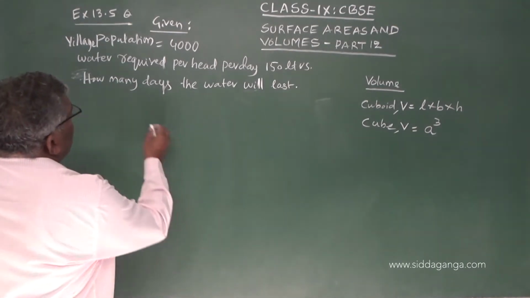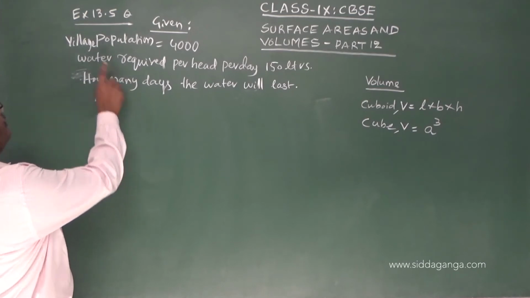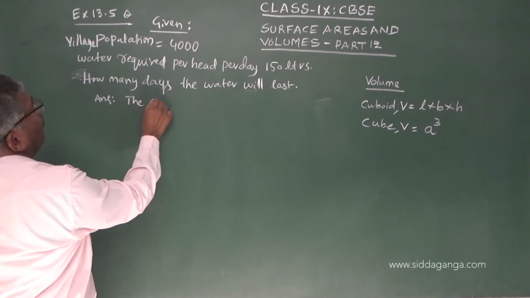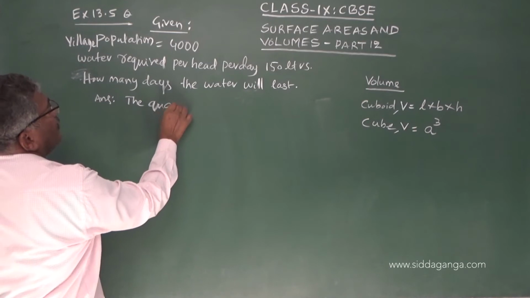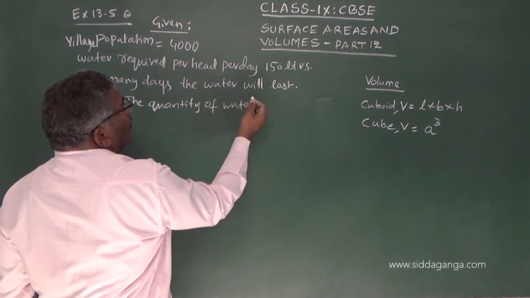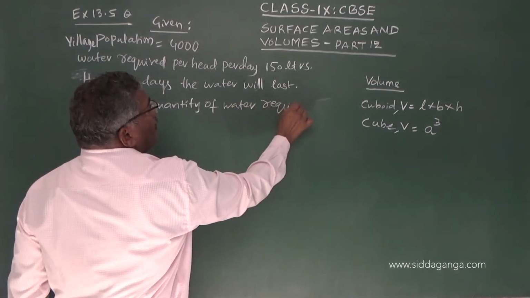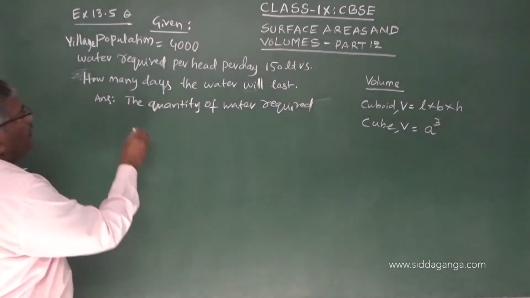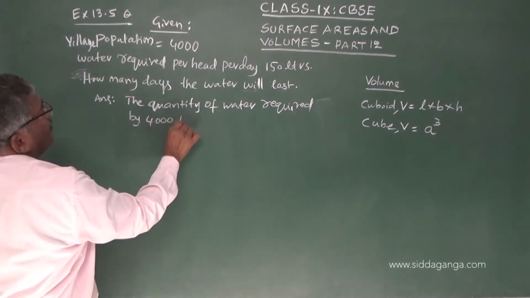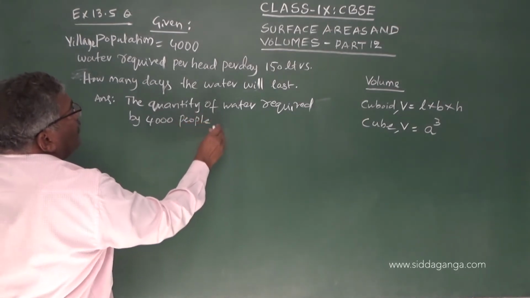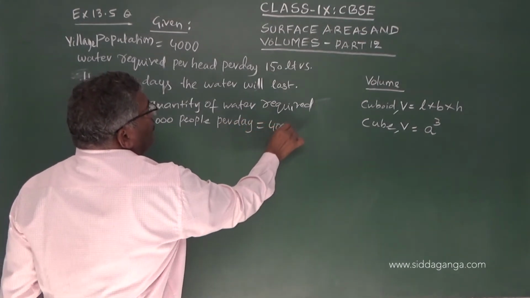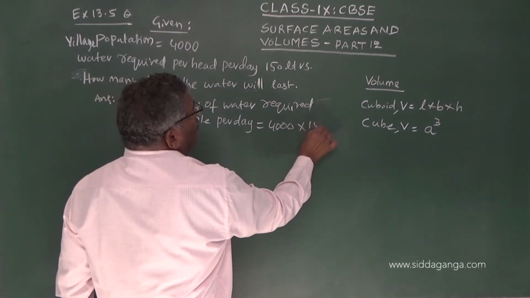So therefore, you answer like this. The quantity of water required by 4,000 people per day will be equal to 4,000 into 150.